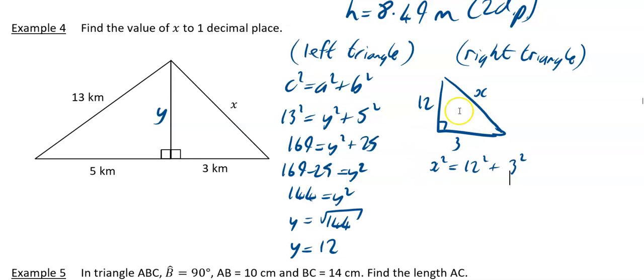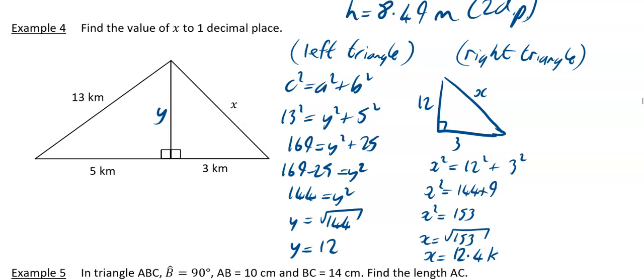My hypotenuse is x this time, so x squared equals 12 squared plus 3 squared. X squared is equal to 144 plus 9, which means x squared is equal to 153, which means x is equal to the square root of 153, which means x is equal to 12.4 kilometers to 1 decimal place.